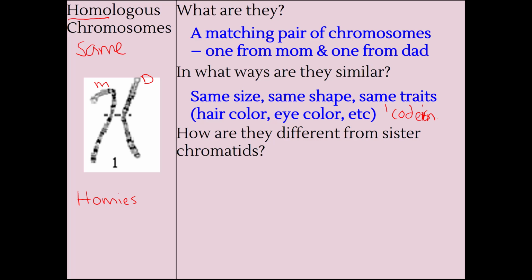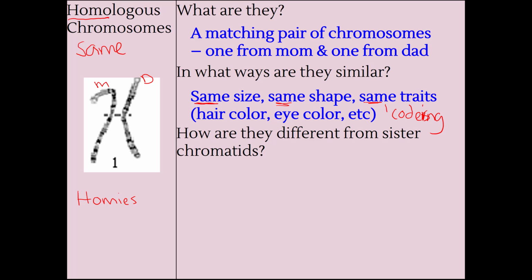So those same traits are going to be hair color, eye color, nose size, skin color. They might not be the same. Mom might have blonde hair, dad might have brown hair, but they are still coding for the same traits. So that's where we're getting this same with homologous.